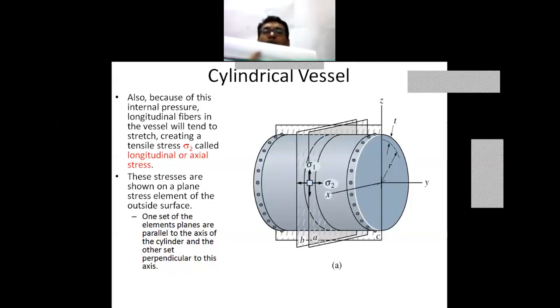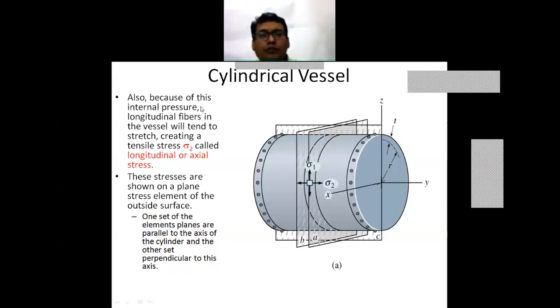So that is the longitudinal direction or the axial direction, because it is considered to be the axis of a cylinder. Whatever the axis of the cylinder is, when I cut it perpendicular to that axis, that is going to give me the longitudinal or axial stresses.